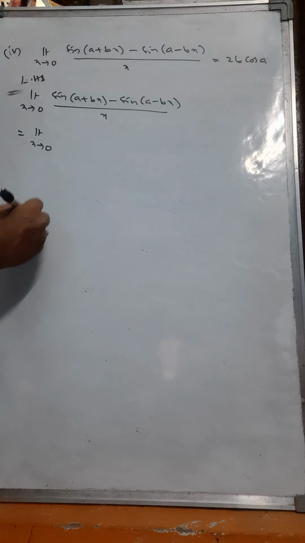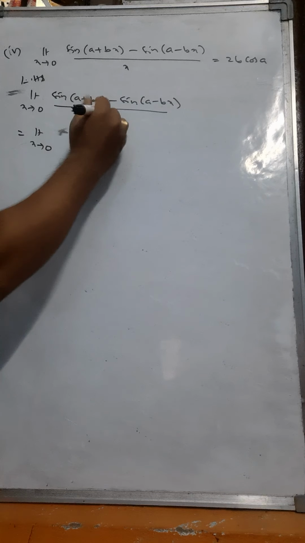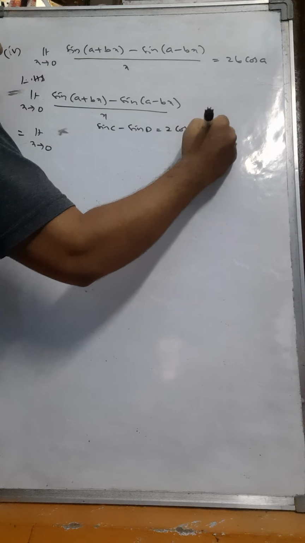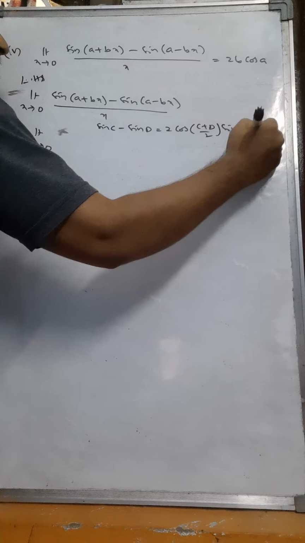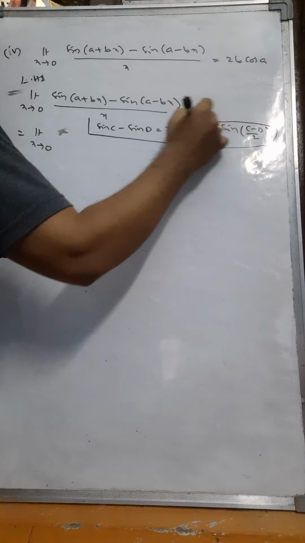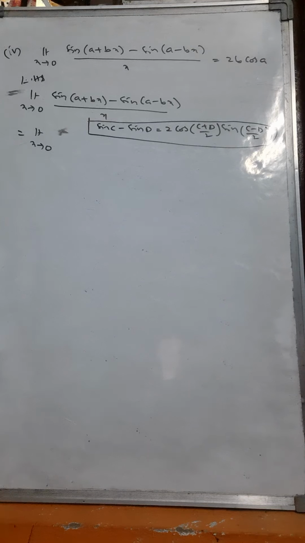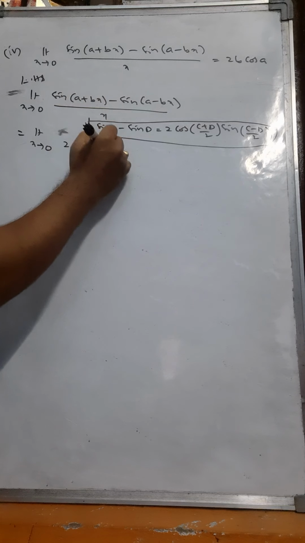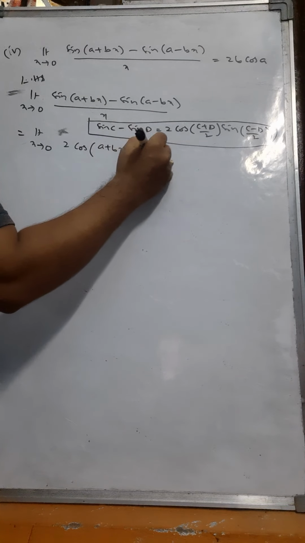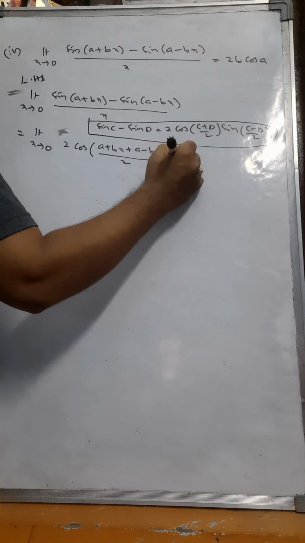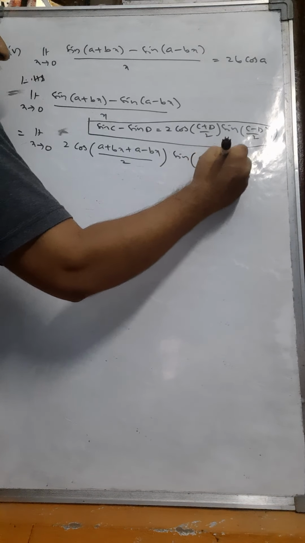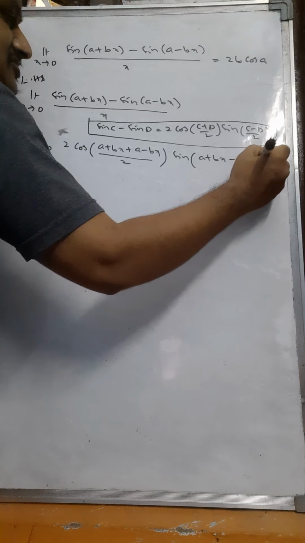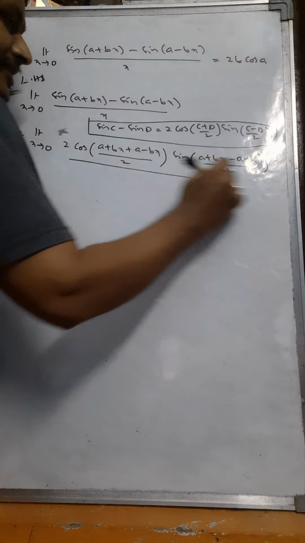Sin c minus sin d is equal to 2 cos((c+d)/2) sin((c-d)/2). So we will get cos of c plus d, that is a+bx plus a-bx by 2, sin of c minus d by 2, that is a+bx minus of a-bx, minus into plus, by 2, all divided by x.